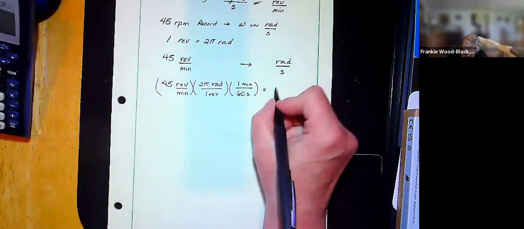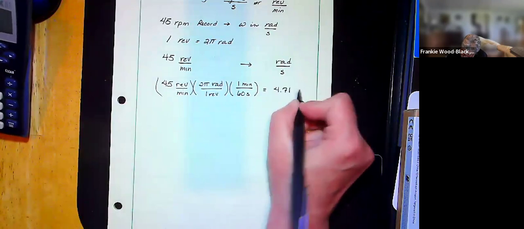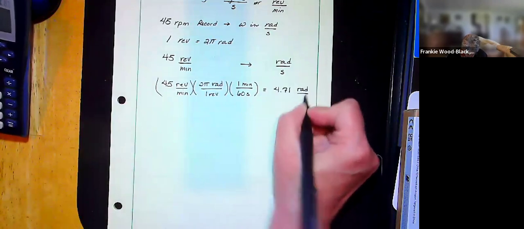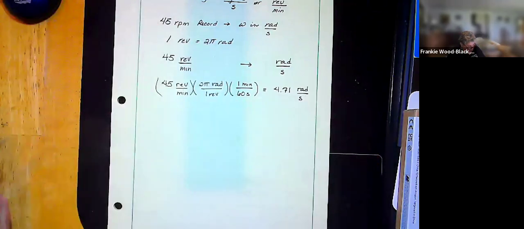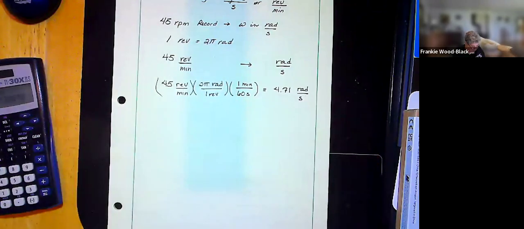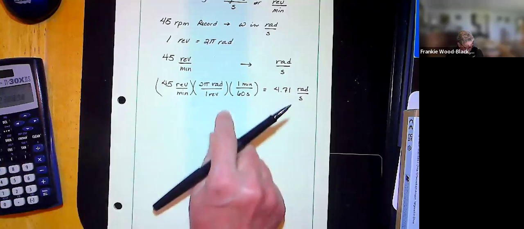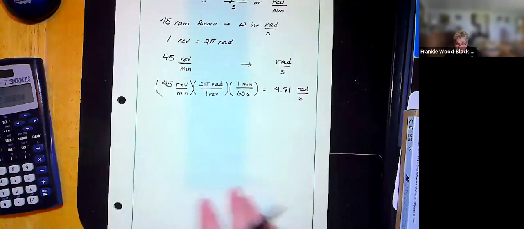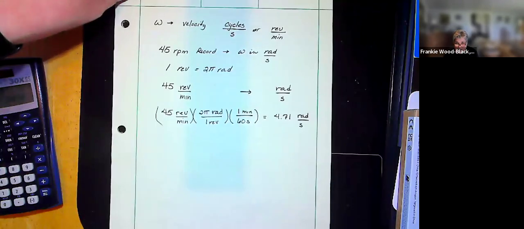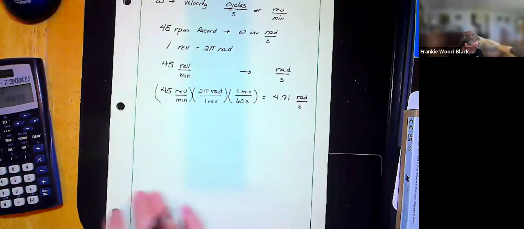And I'm going to get 4.71 radians per second. But I wanted you all to see the fact that we can rewrite those items. If I give you something in revolutions per minute or something like that, we can actually calculate our angular velocity.